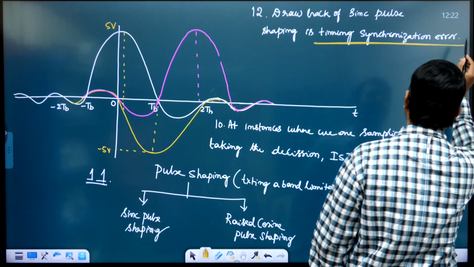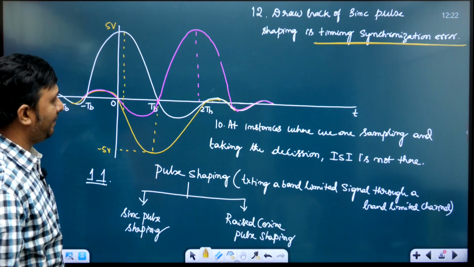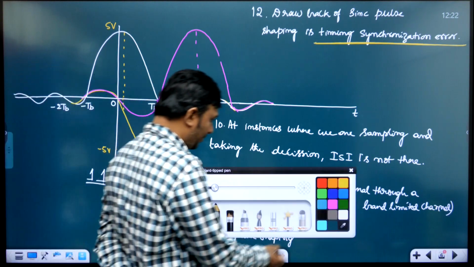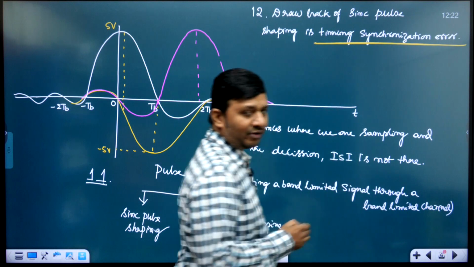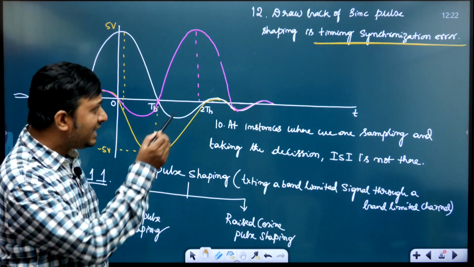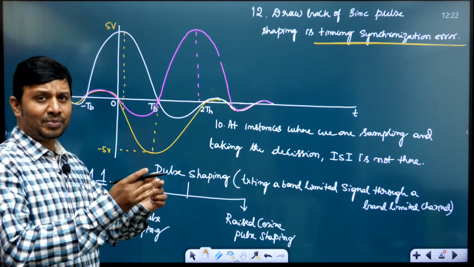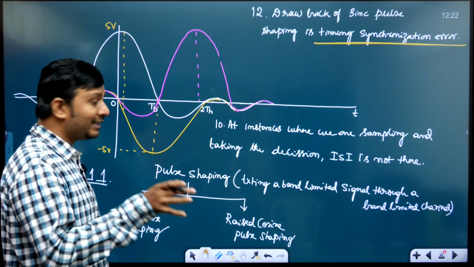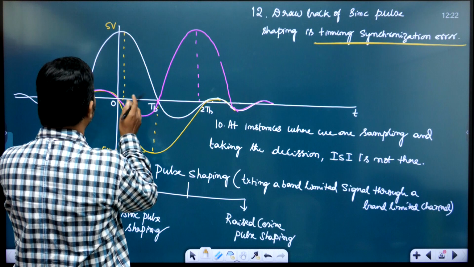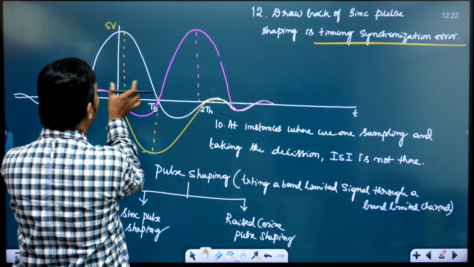So in order to avoid this timing synchronization error, what we have to do? Even though there is a timing synchronization error, our aim is that we must get the exact output, and that is possible if the width of the main lobe decreases.